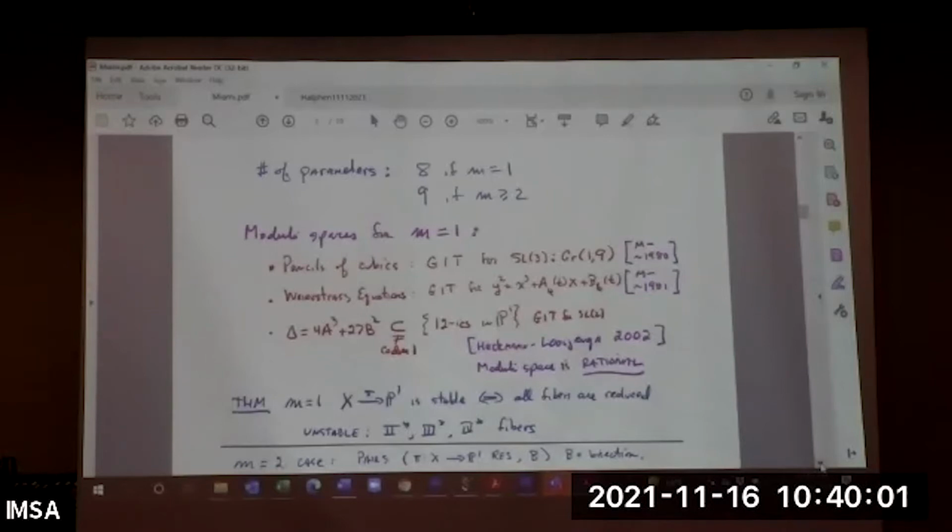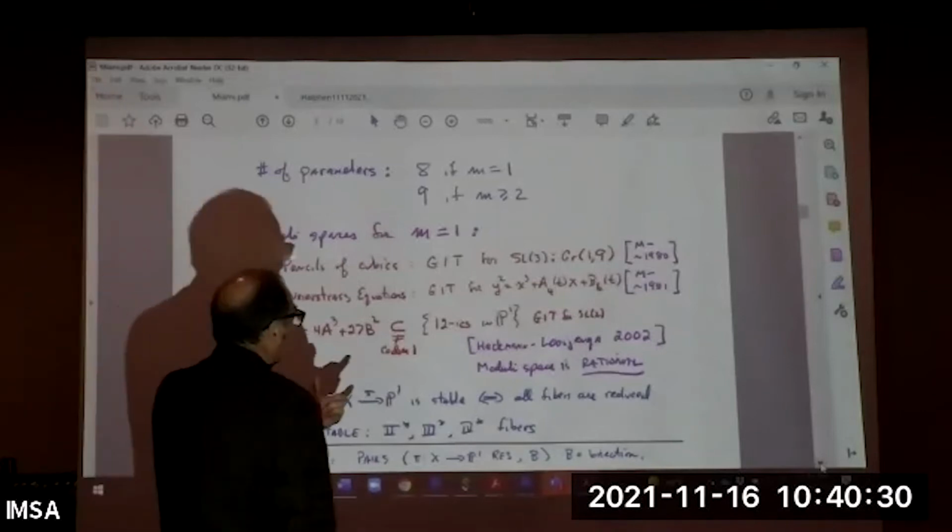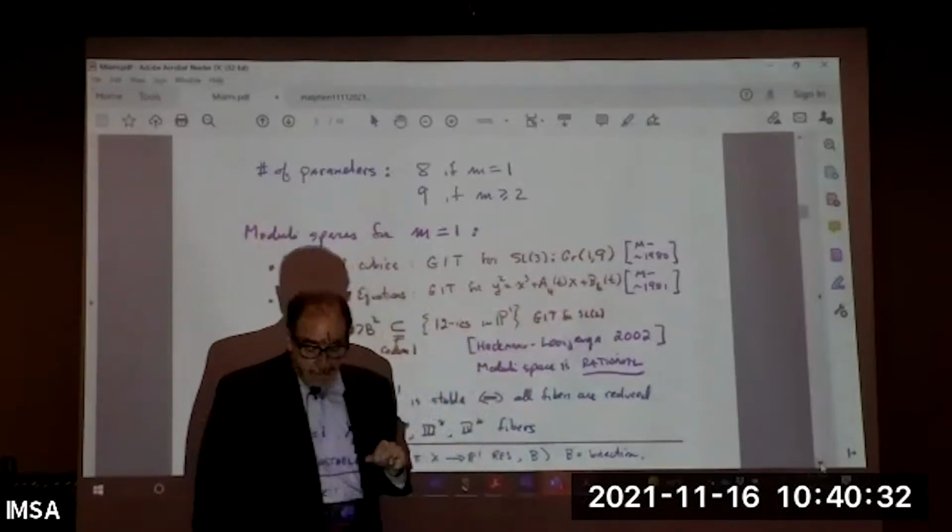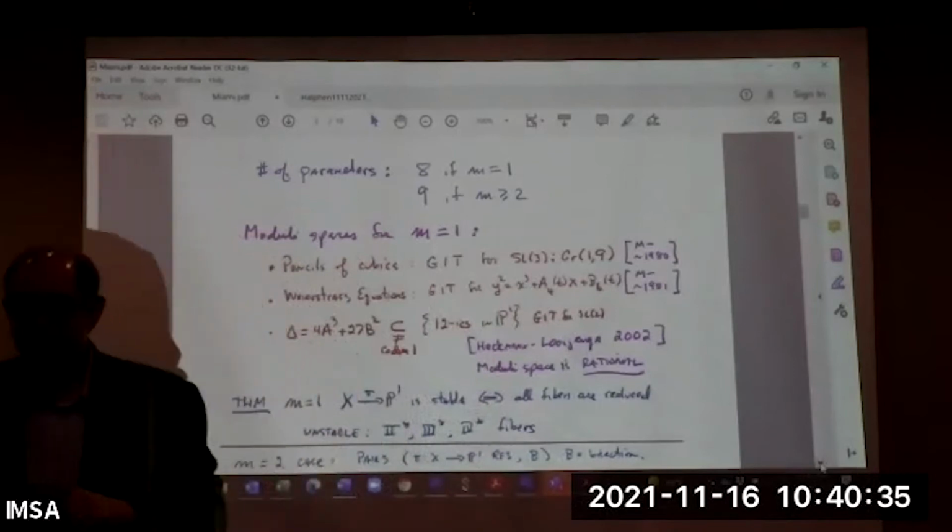If you let a and b be functions of a parameter t, that gives you the family, and the degrees of the polynomials a and b tell you something related to the geometric genus of the surface you get. When the degrees are respectively 4 and 6, it's a rational surface. So this is a little bit simpler analysis for understanding the geometric invariant theory.